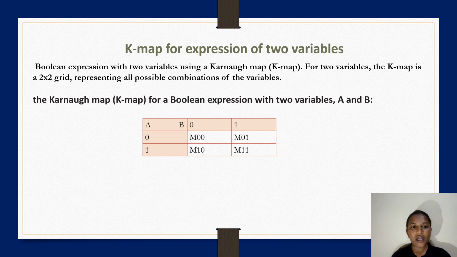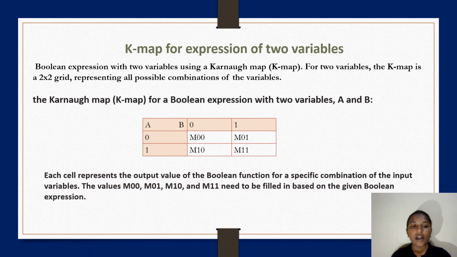Here is my K-map, which consists of A and B variables, and each cell represents the output value of the Boolean function for a specific combination of input variables. The values of M0, M1, M2 and M3 need to be filled on the basis of the given Boolean expression.